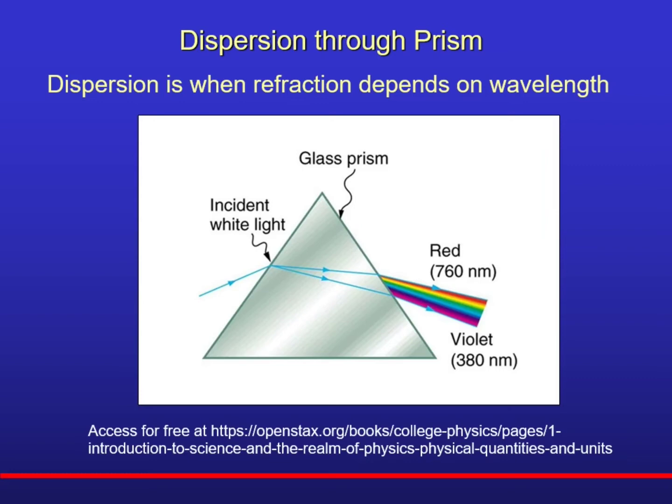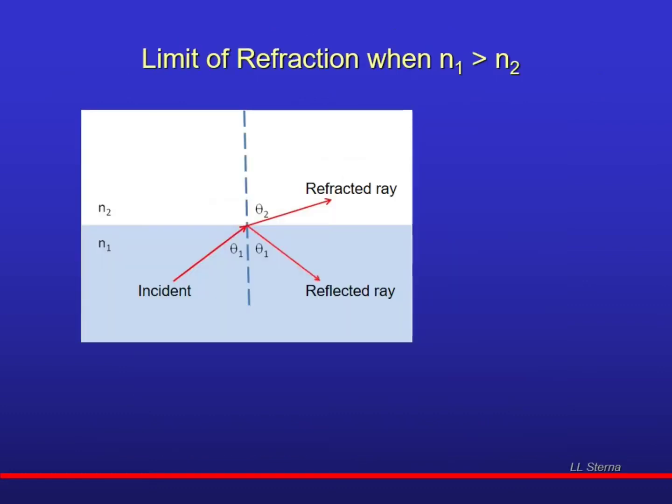Okay, now a different topic. Now we want to consider the limit of refraction when n1 is greater than n2. Think about what it means. If n1 is greater, that means in that first medium, n1, where the light is coming from, it's going more slowly.